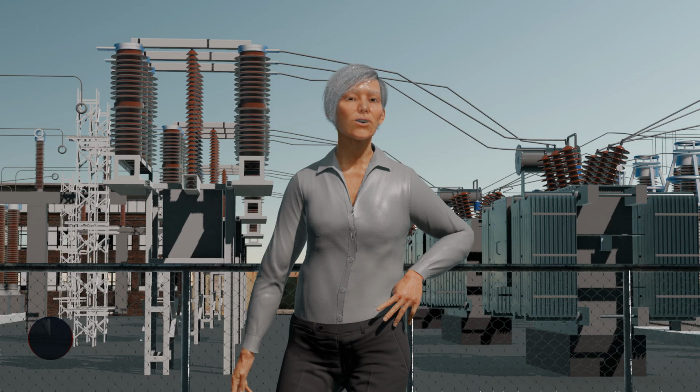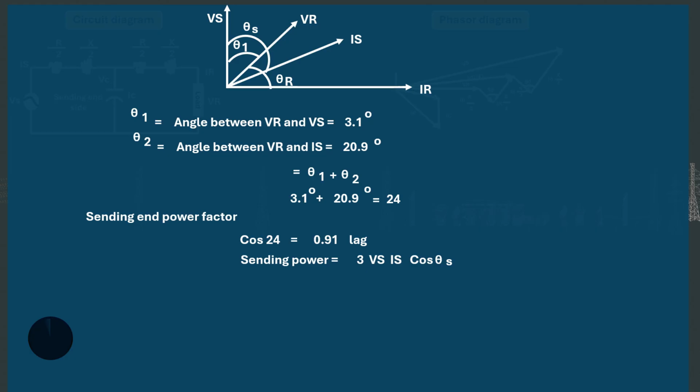Subsequently, we can find the efficiency of the line, but before we can find it, there is a need for us to determine the sending end power, and because we have all the values we need, we can just slot our values in. So the sending end power is 3 multiplied by the sending end voltage Vs, multiplied by the sending end current Is, multiplied by the cosine of the angle at the sending end, that is 3 multiplied by 84,458.87 multiplied by 139.29 multiplied by 0.91.